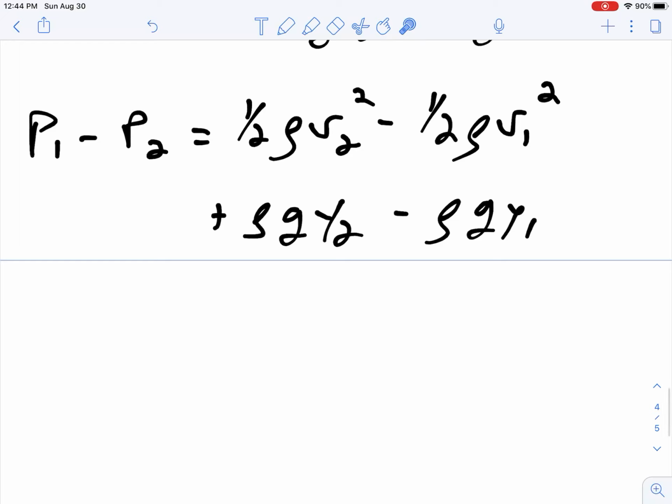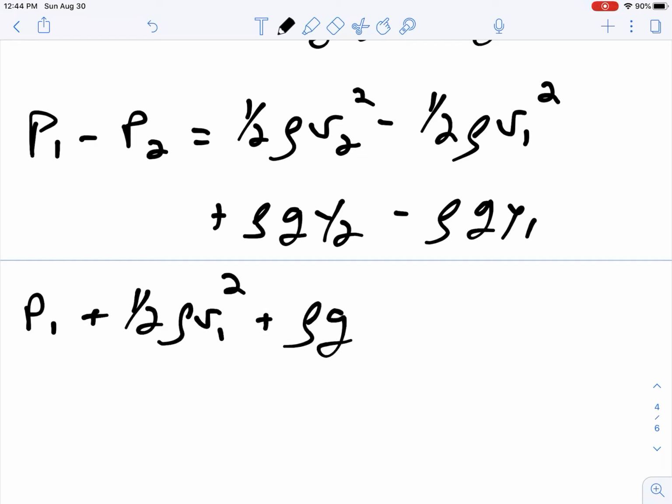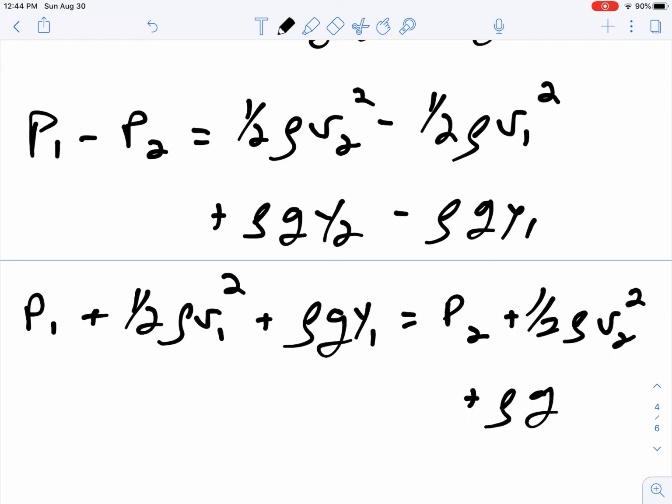The next thing to do is notice that we have a bunch of 2's, and then we have a bunch of 1's. And I'm going to collect them on these appropriate sides of the equation. So doing that, we have P1 plus 1/2 rho V1 squared plus rho g y1 equals, I'm not going to write them all out, what the heck, P2 plus 1/2 rho V2 squared plus rho g y2.